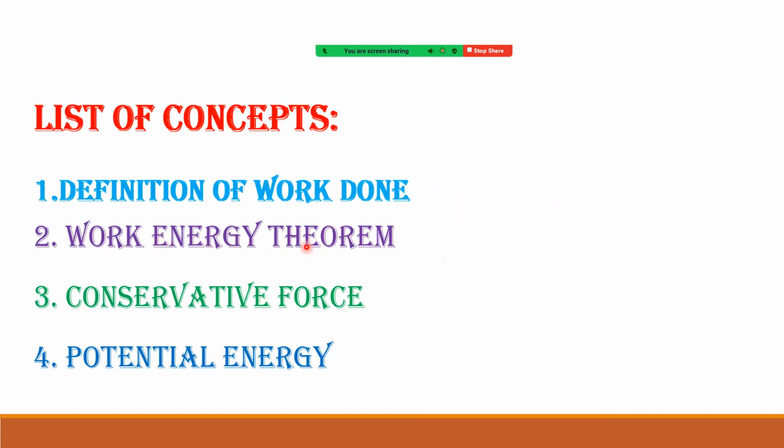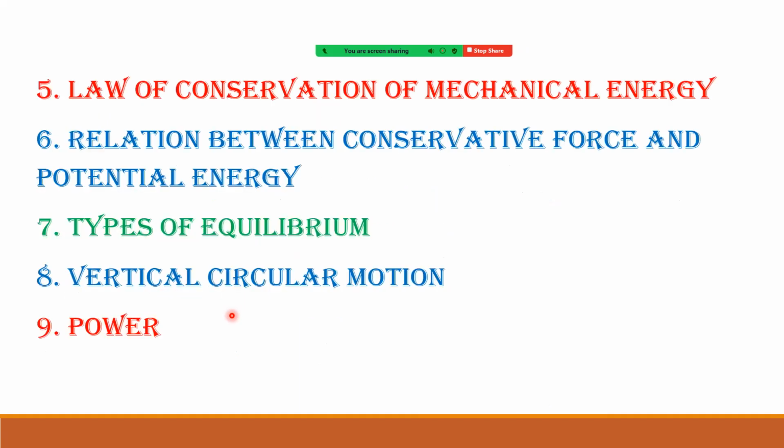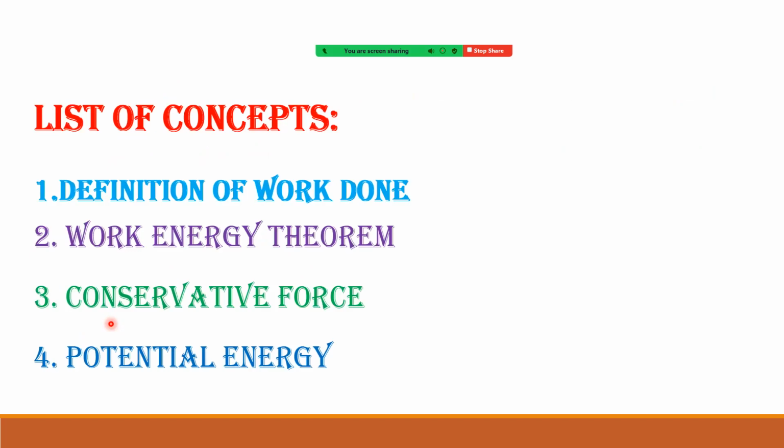After that, work energy theorem, conservative force, potential energy, law of conservation of mechanical energy, relation between conservative force and potential energy, types of equilibrium, vertical circular motion, and finally power. So these are the concepts we are going to learn in this chapter. Now let us see first of all what is the definition of work done.